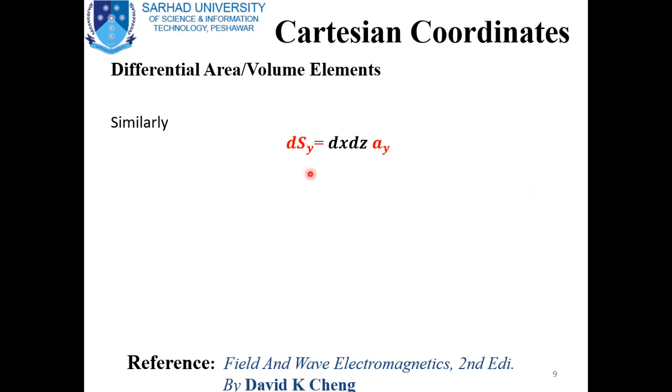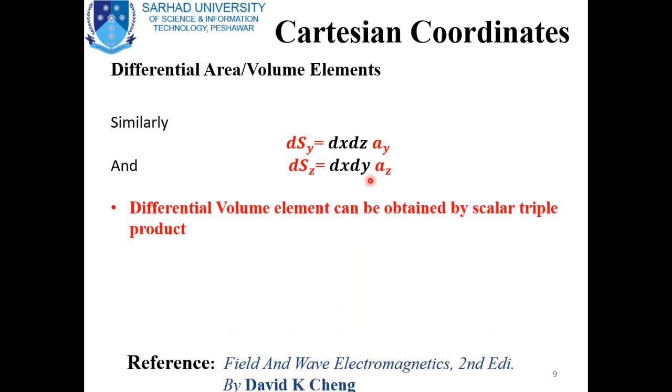Now a surface which is parallel to the y-axis must be made by x and z elements. Another surface which is parallel to the z-axis must be equal to dx, dy and az is the direction of that surface. And the differential volume element can be obtained by applying the scalar triple product on these elements.